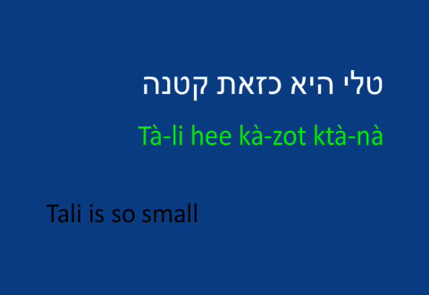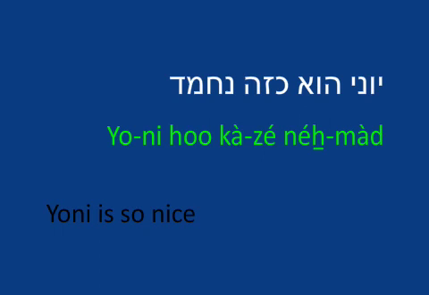So Noah, let's hear Tali is so small. Tali hi kazot ktana. Thank you. One more example. Yoni is so nice is Yoni hu kaze nechmad. Nice.